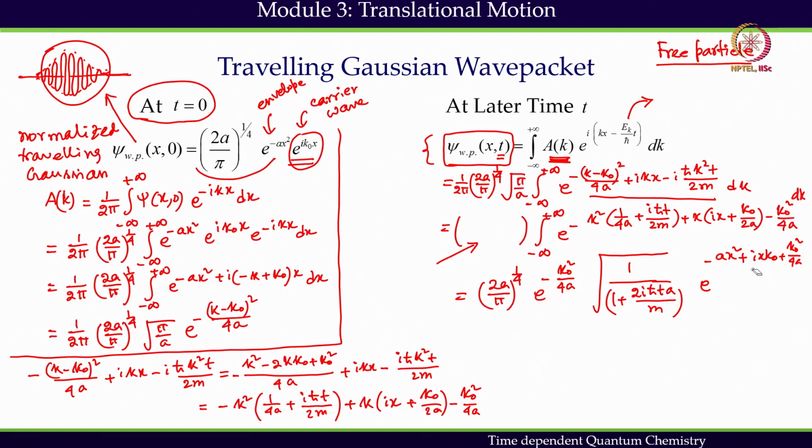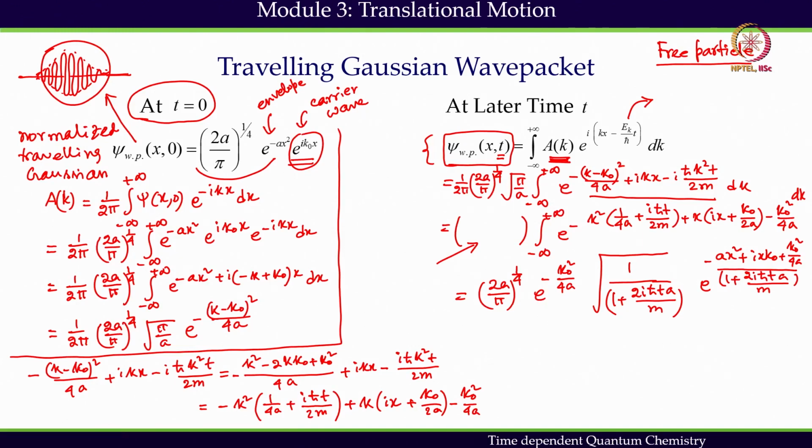So I have this one divided by this 1 plus 2i h cut t a by m. This is the exponential function we have.